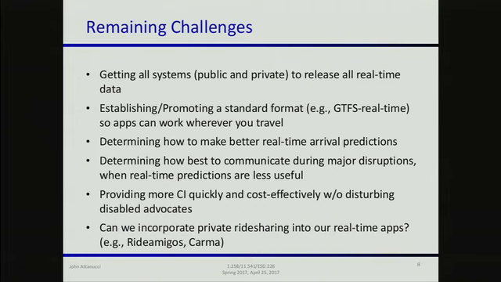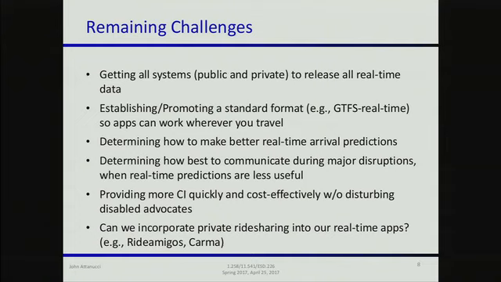Although in some cases, they just don't have the technology staff. They're below water all the time in terms of the projects they have on technology, and this is not their highest priority. So we still have a lot of cities that aren't releasing the real-time data, so some of these apps just don't work.